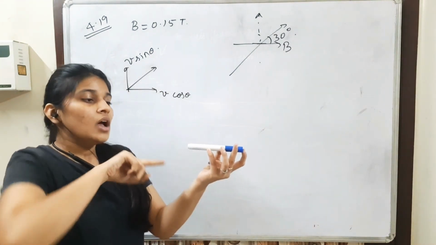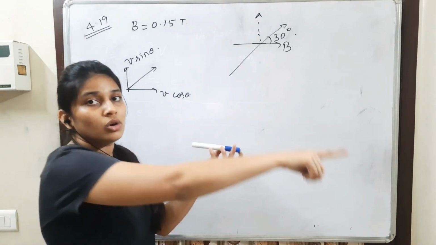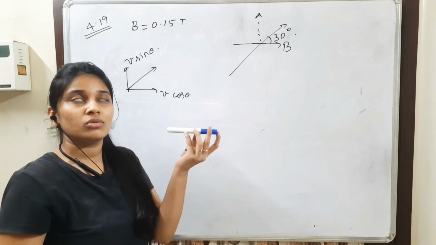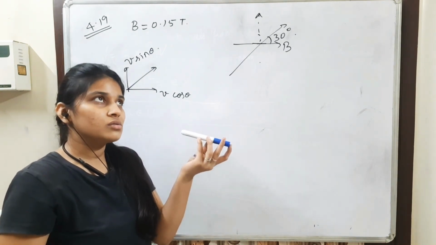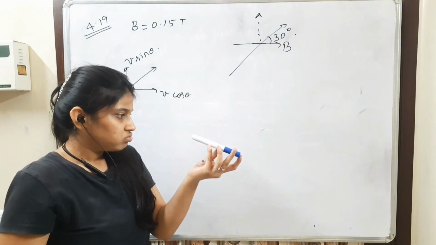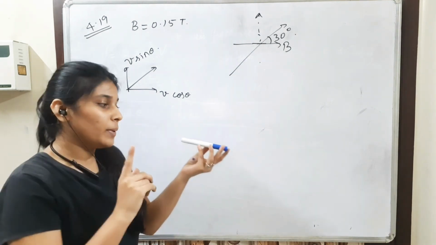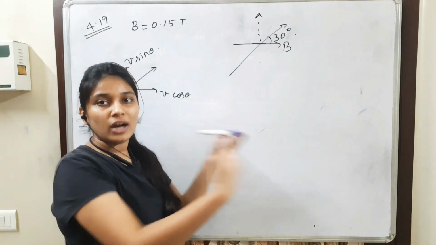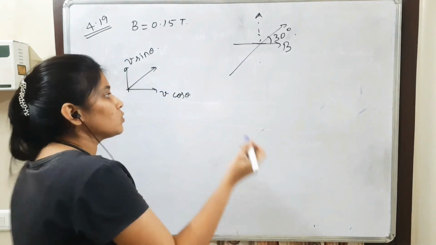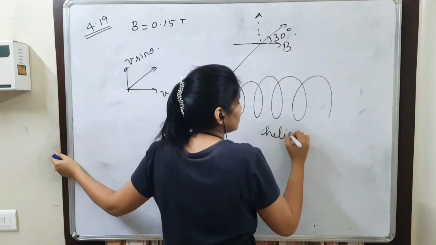The particle along with the circular path will begin to move along the rectilinear direction also, a straight line path, translatory. So the electron will start moving in a translatory as well as a revolving motion. It will move like this, and this is a helical path.